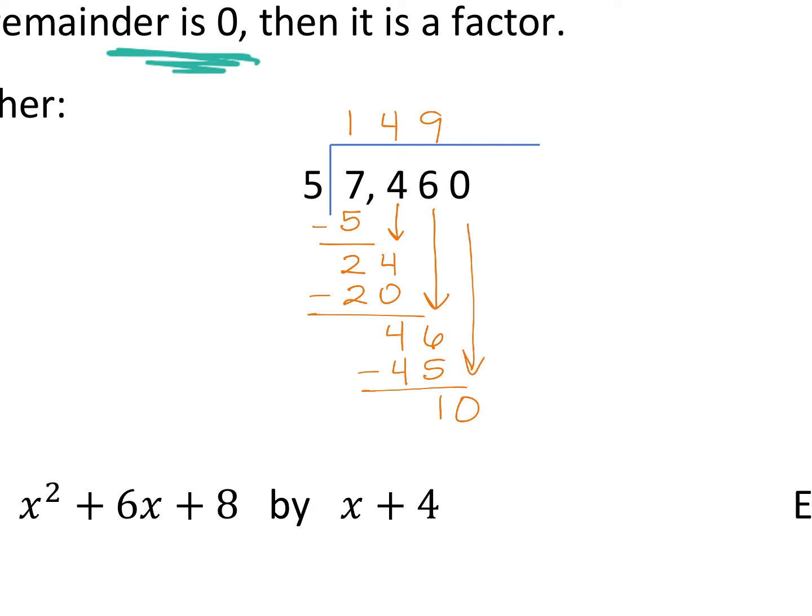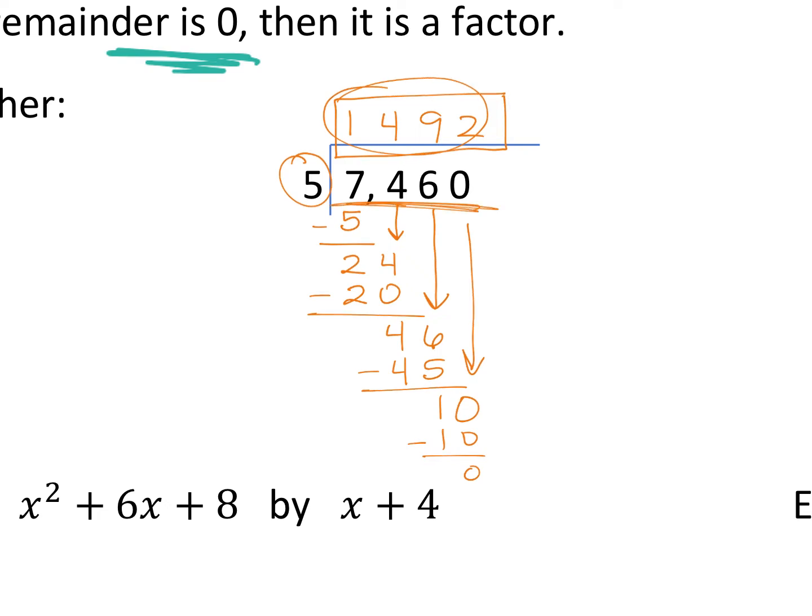How many times does 5 go into 10? 2. Notice there's no remainder, right? This is 10. We subtract, we get 0. There is no remainder. When that happens, what you end up with is a factor, right? We would say 5 and 1492 are factors of 7,460.